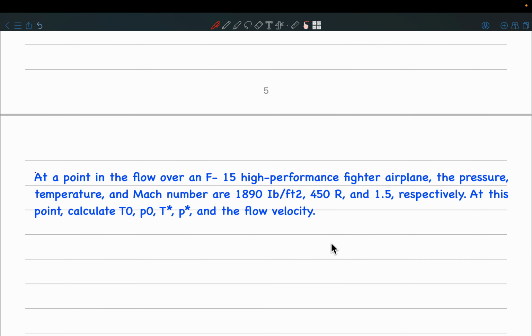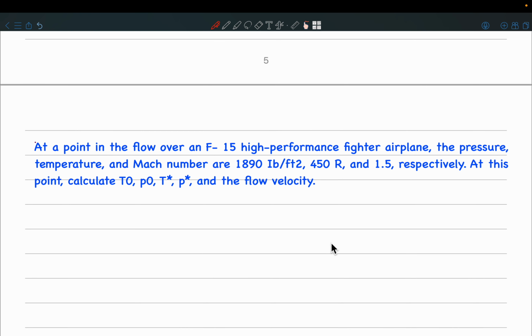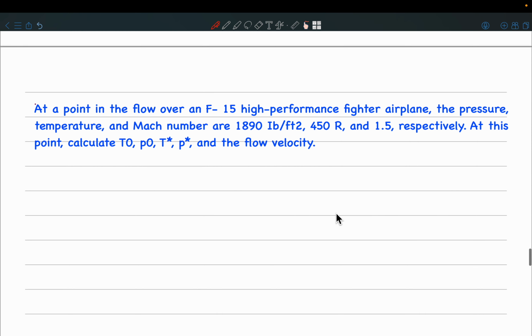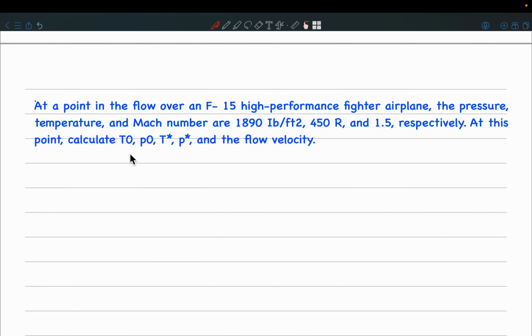Okay, so the next question is this. At a point in the flow over an F-15 high performance fighter airplane, the pressure, temperature and Mach number are given to you. So at this point you have to calculate T0, P0, T star and P star and the flow velocity.